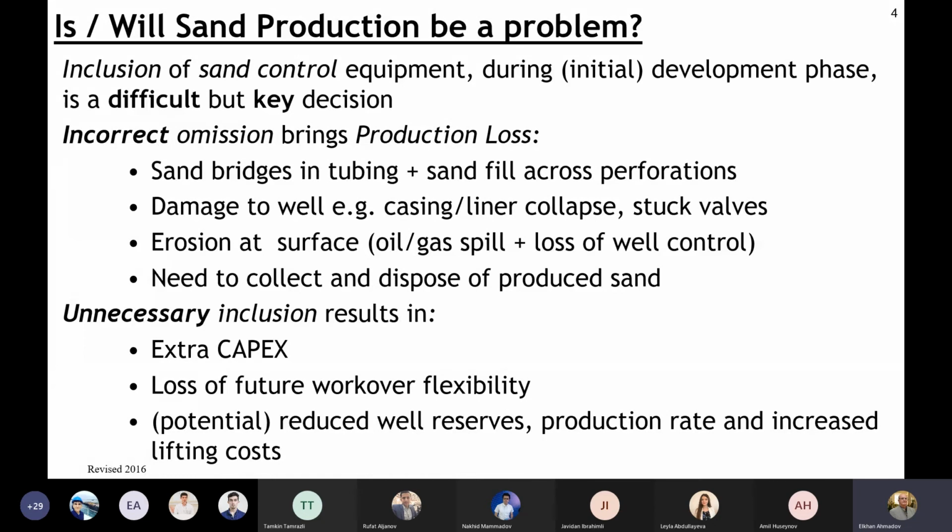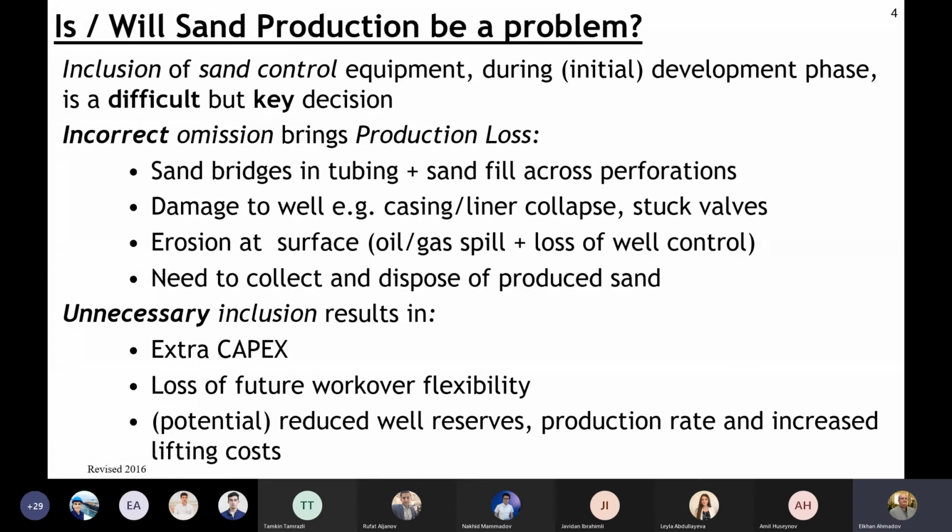It might be very expensive or lower expense, but it's still extra capex because we invested in the beginning of the project. So its negative effect on NPV will also be very high.